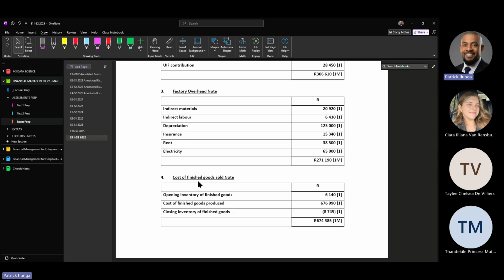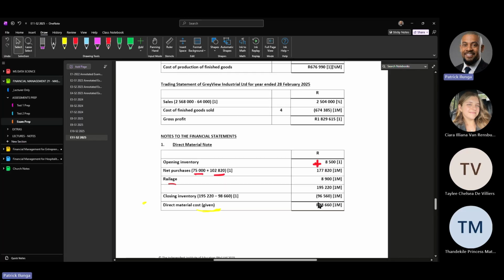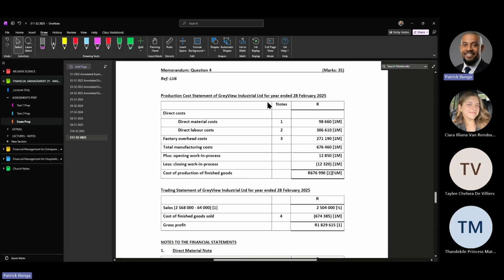In order for you to find the cost of finished goods sold, you take the opening inventory of finished goods plus the cost of finished goods produced. Remember the cost of finished goods produced, this amount here, is coming straight from the production cost statement.